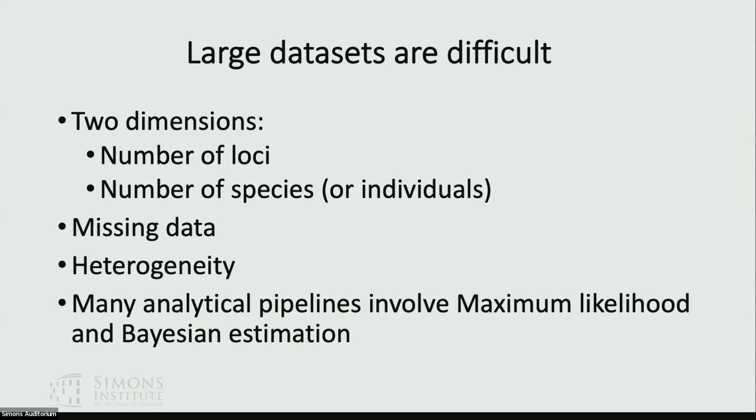There's going to be difficulties. So the larger your data set, the more complex, the more heterogeneous. And many of the analytical pipelines are using likelihood-based calculations, whether maximum likelihood or Bayesian. And this means they have numerics issues, they have runtime issues, they have memory issues, but they also depend upon the model. If the model is a problem, then maybe everything is a problem. So these are sort of the context.